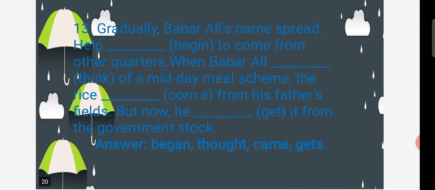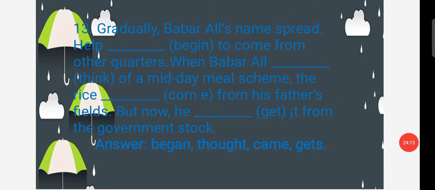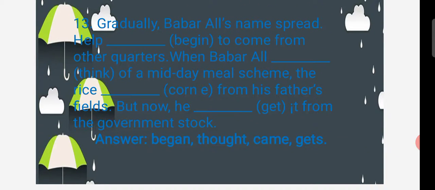Next question, 13th one. Gradually Babar Ali's name spread. Help begin, past tense is began. Help began to come from other quarters. When Babar Ali think, past tense becomes thought, of a midday meal scheme, the rice, that should be came, I think. Okay, come past tense, came from his father's fields. But now he get, past tense. Now, since it is now, you can't use past tense. You have to use present tense.